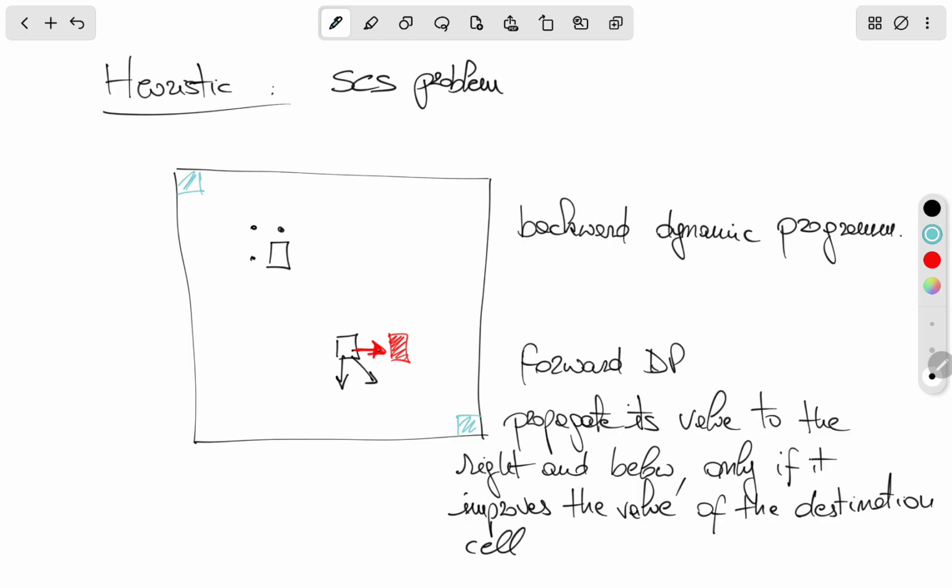Again, what does it mean? How can I translate the idea that we are propagating a value only if it improves over the value of the destination cell, and if it is better than a given upper bound?